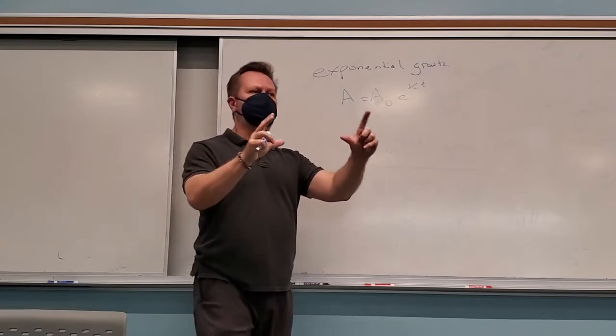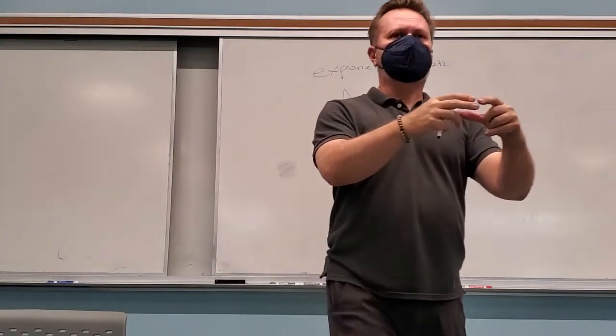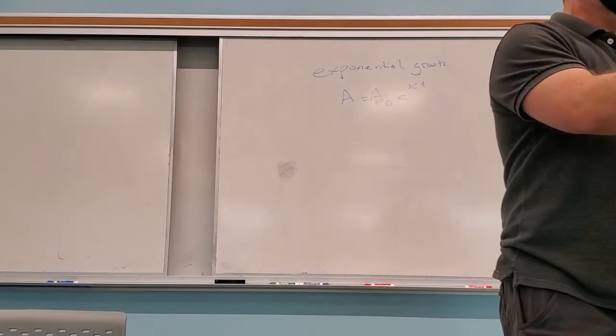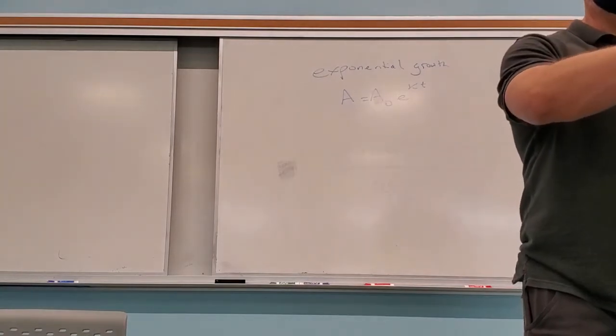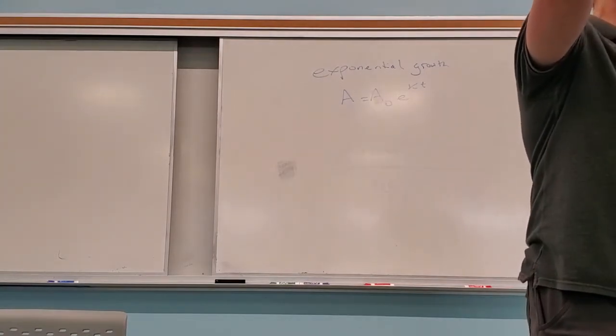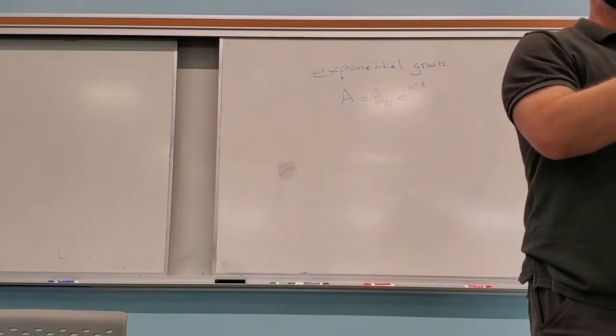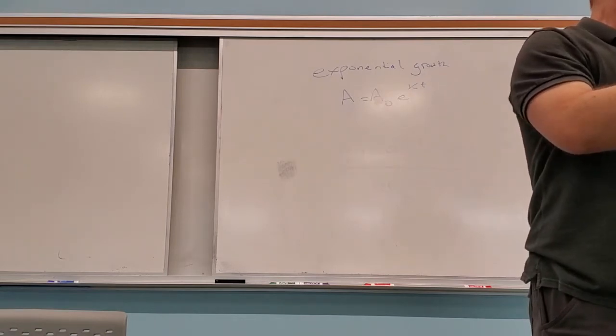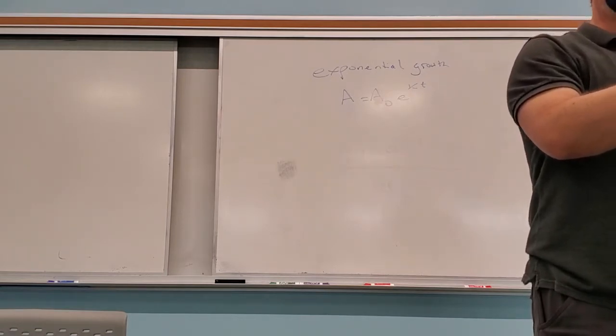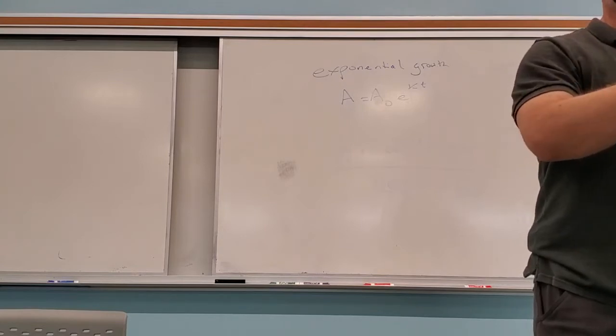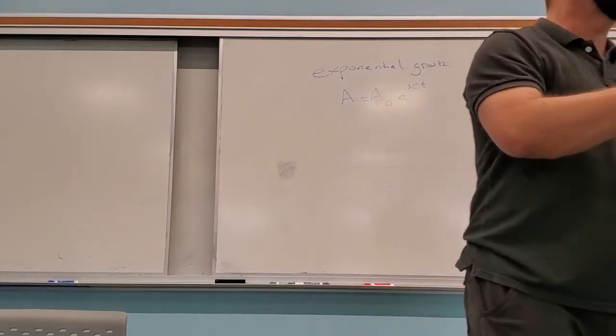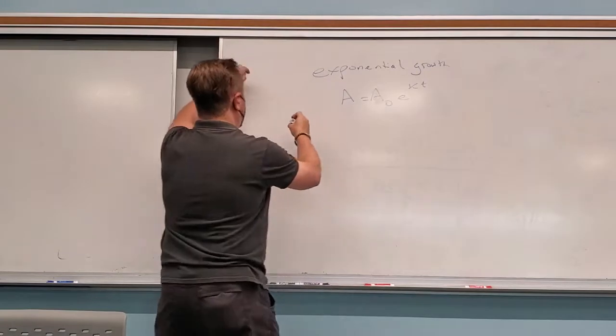So a classic problem for this would be, you put 100 bacteria on a petri dish, and then you walk away. 2 hours, you come back, and now there's 700 bacteria. You guys got it with me? Then you wonder, what's the growth rate for this bacteria? So let's do the one I just said.